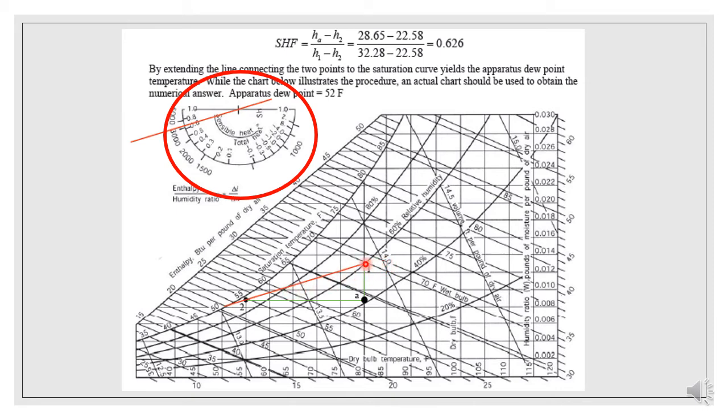So let's say 1 is the room condition, then you have to transfer this line. I mean the line must be parallel, and just draw it via the room condition point.